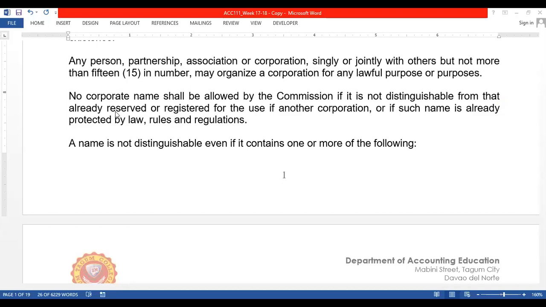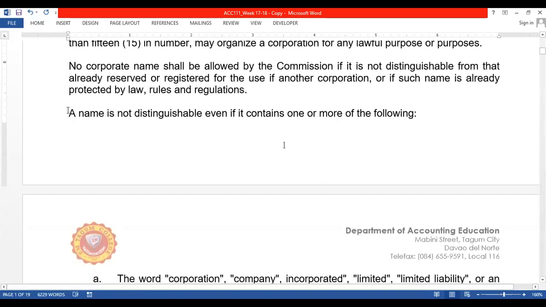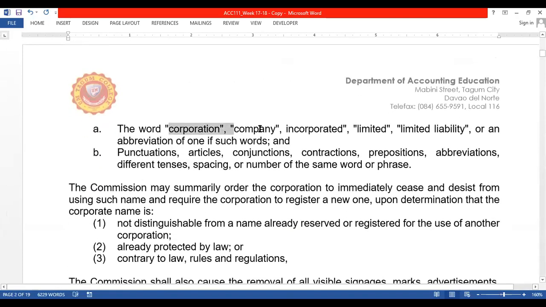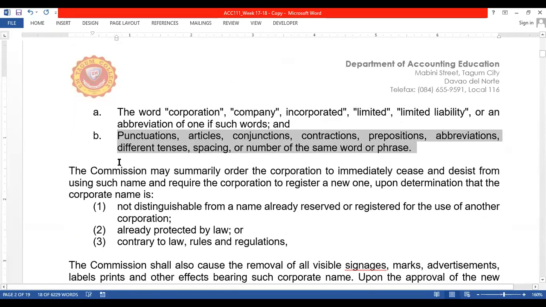A name is not distinguishable when it comes to certain of the following. There should be corporation, company, incorporated, limited, or an abbreviation of such words, and punctuation and articles should be present.